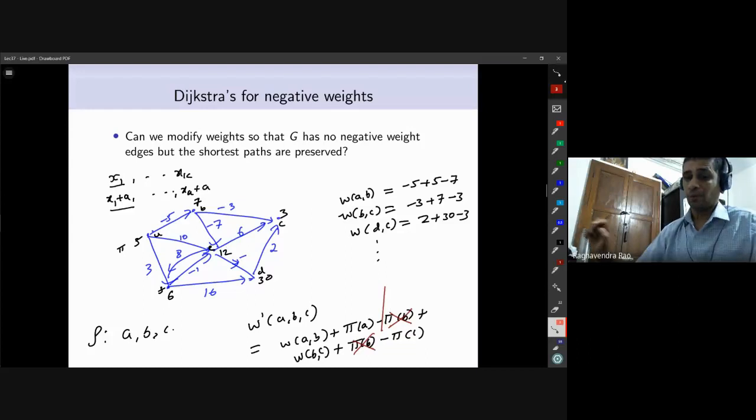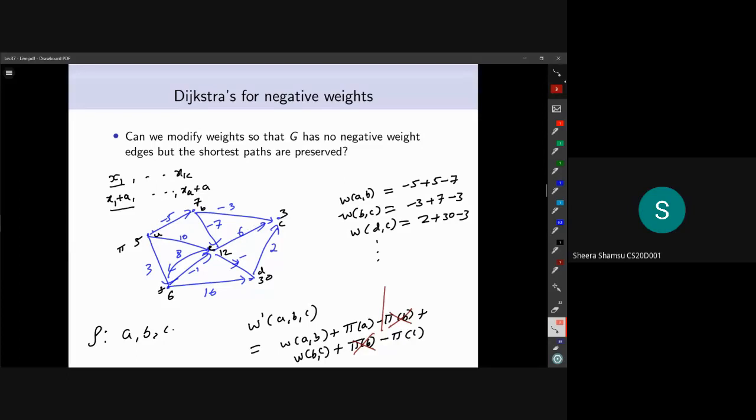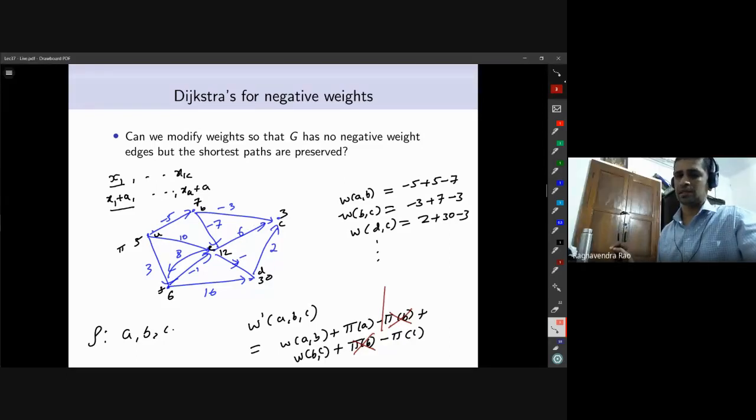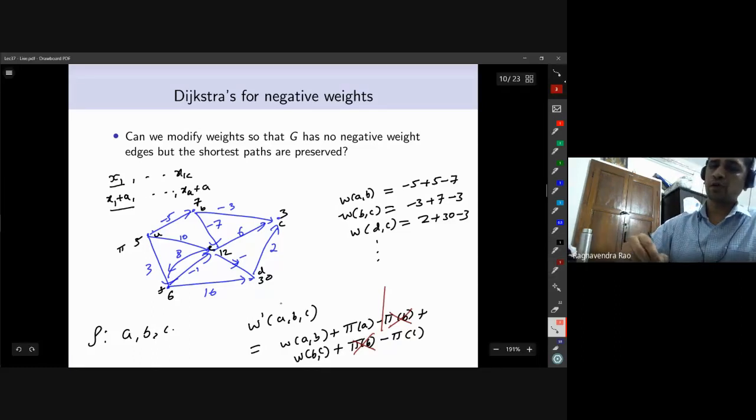All paths will be the same because we are not modifying the edges, but the weights will be shifted by a fixed value, which is basically the difference between the prices of the source and destination. So they are uniformly shifted by a fixed number, all of them.